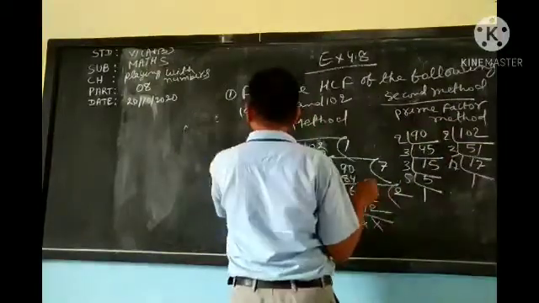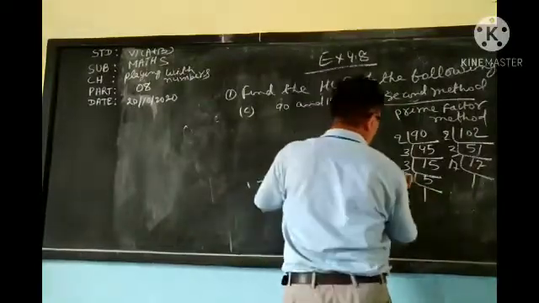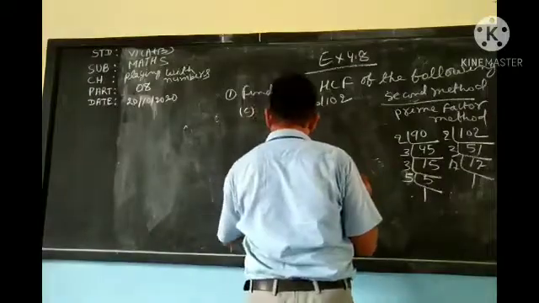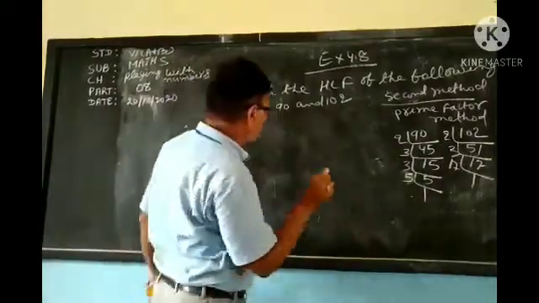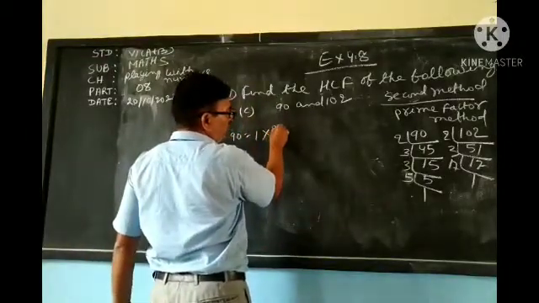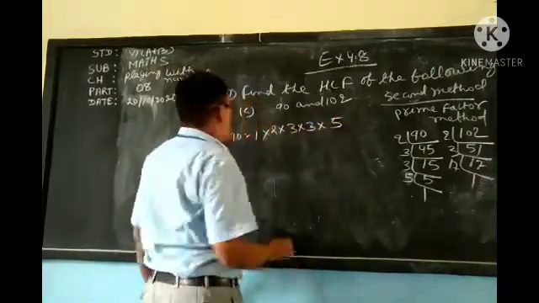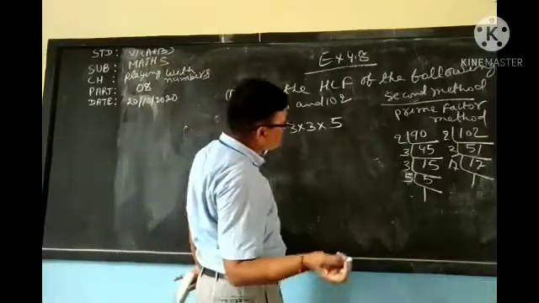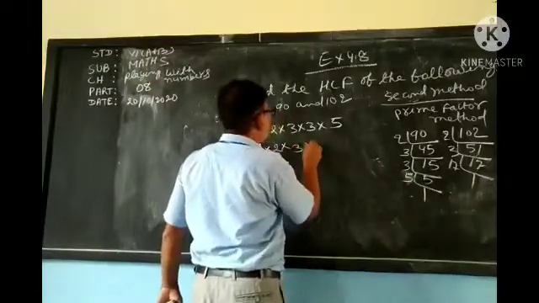Now my dear students, what do you think? See this one. In this way you got, 90 is equal to 1 into 2 into 3 into 3 into 5, and 102 is equal to 1, which is a factor of every number, into 2, into 3, into 17.